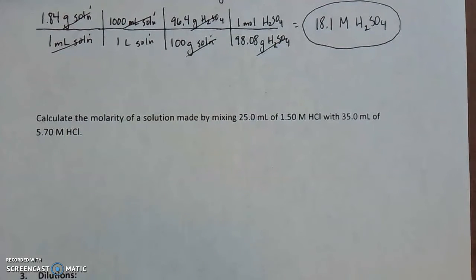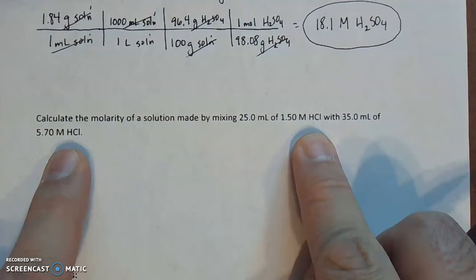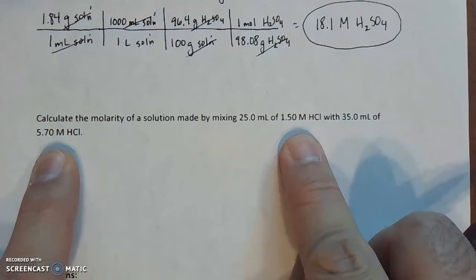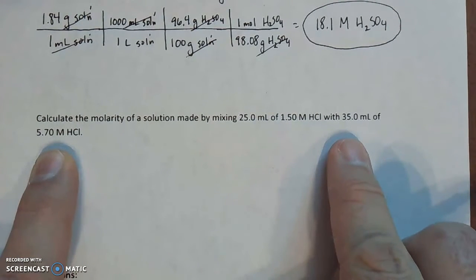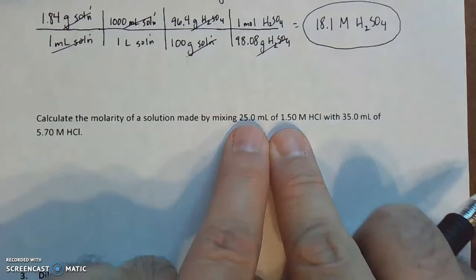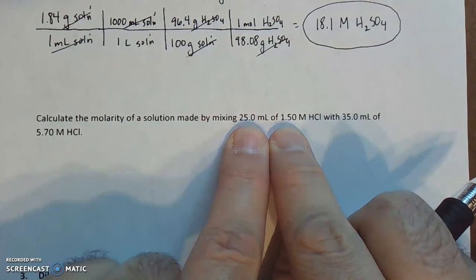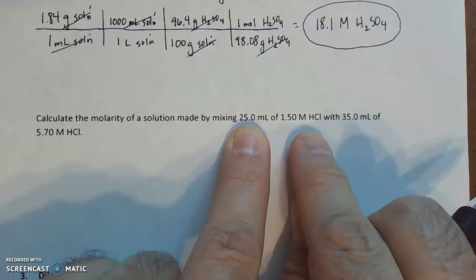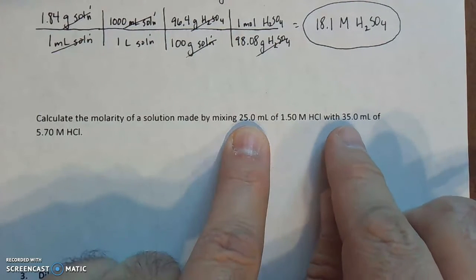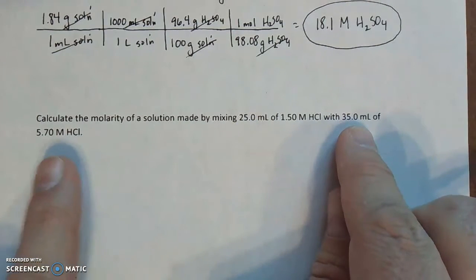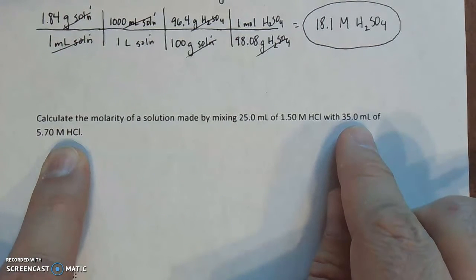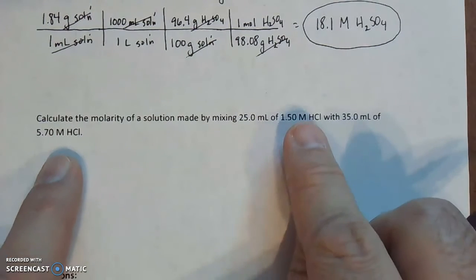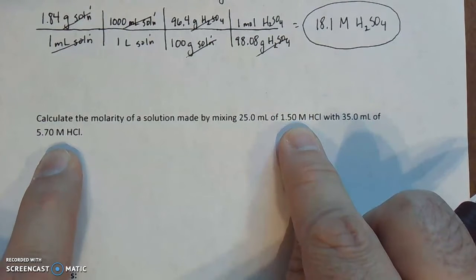Our second example, we have the same substance, but we have different molarities, and we're going to mix these two. So I know that we have 25.0 milliliters of 1.50 molar HCl. If I pour that in and mix it with 35.0 milliliters of 5.70 molar HCl, I know that I'm going to get a molarity that is between these two numbers.